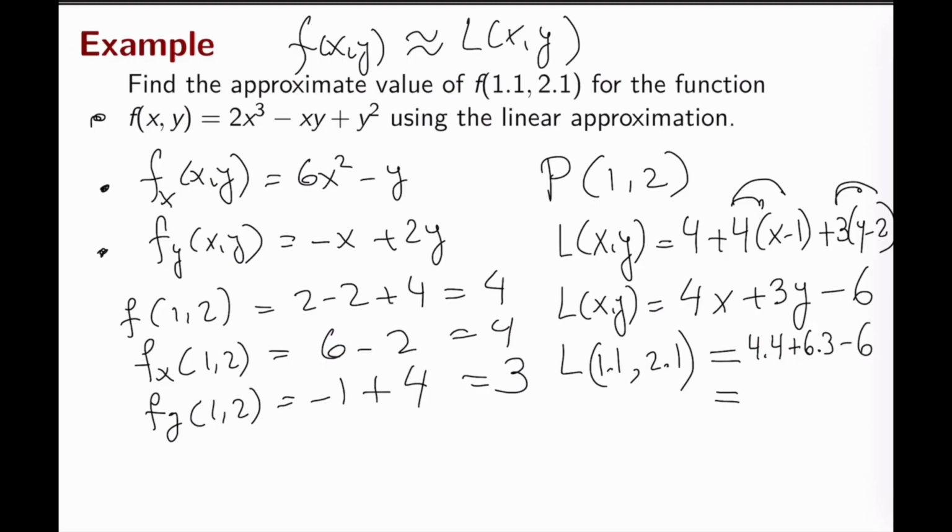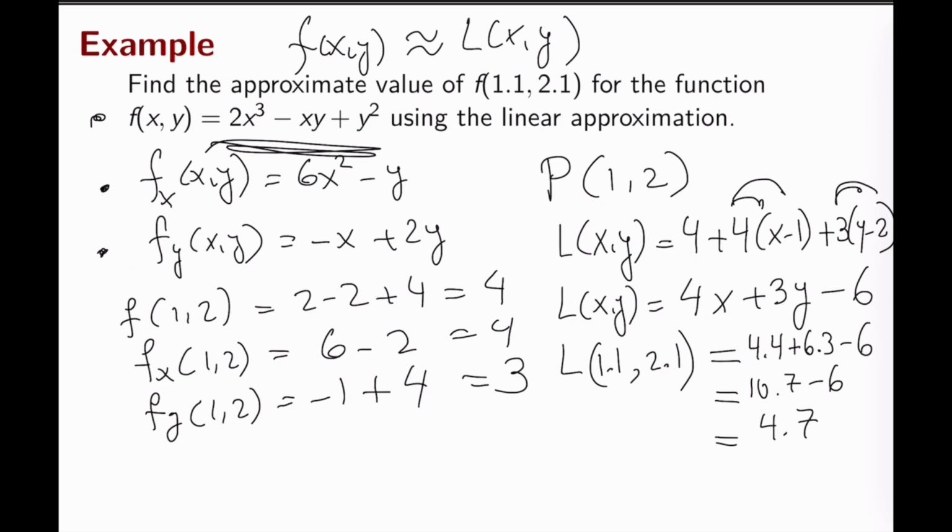So doing the operations here, 4.4 and 6.3 give 10.7, minus 6, and this is going to be equal to 4.7. Observe that if you actually plug the values 1.1 and 2.1 directly into the function, you will not get exactly 4.7, but you will get something that is very close.